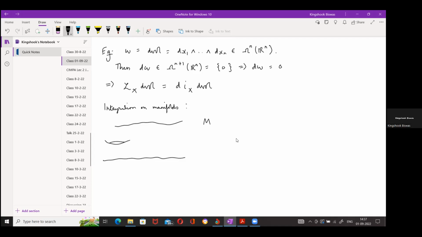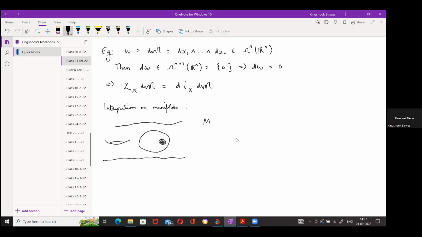So suppose I have a form whose support is compact and contained inside a chart.